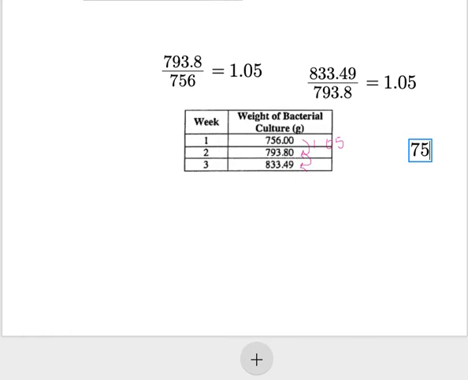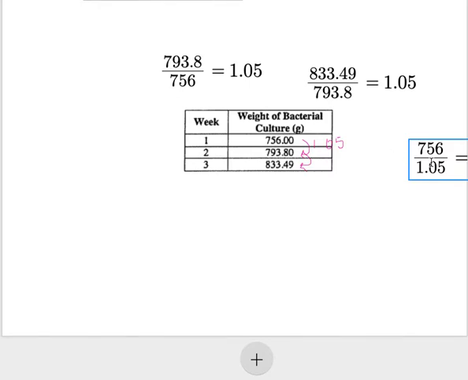So I'm going to do 756 divided by 1.05, and that gets me 720.